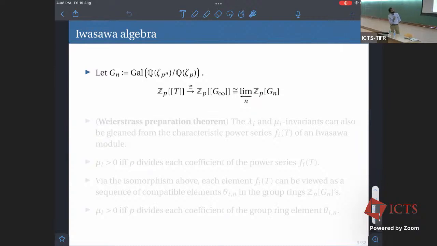And what Serre showed was that this completed group ring, which is called the Iwasawa algebra, has a non-canonical isomorphism with a power series ring in one variable over Z_p. The isomorphism goes by sending 1 plus T to some chosen topological generator.